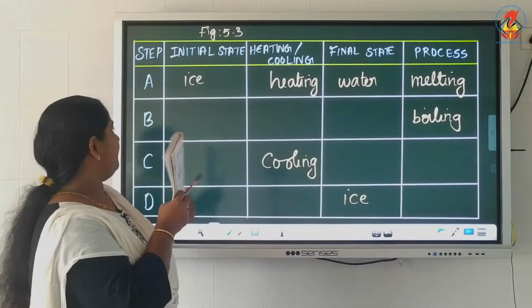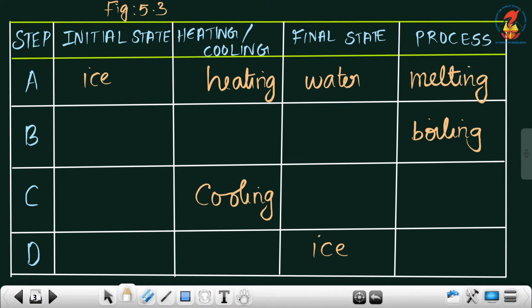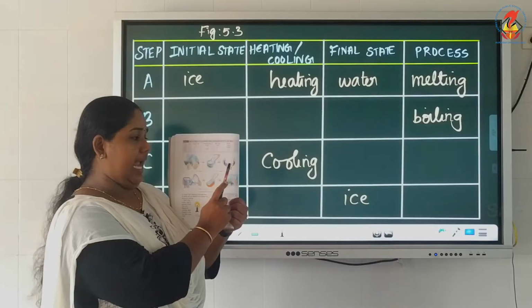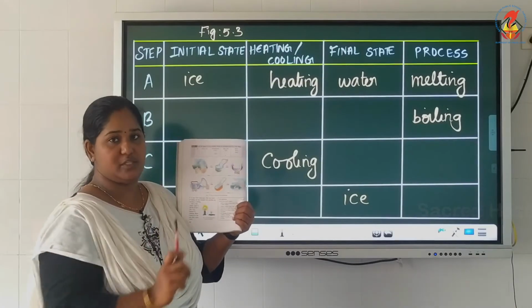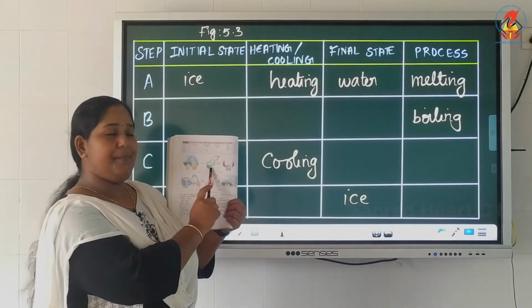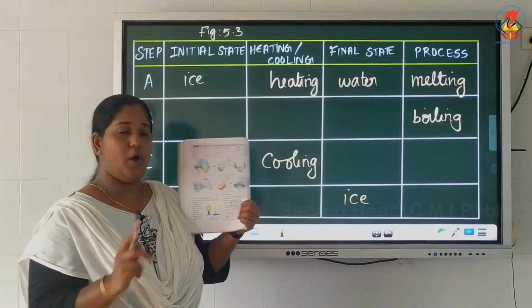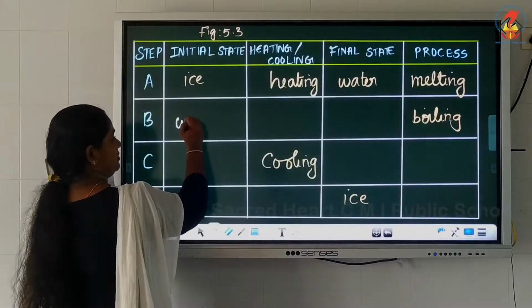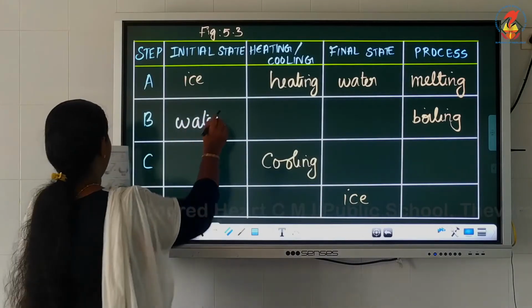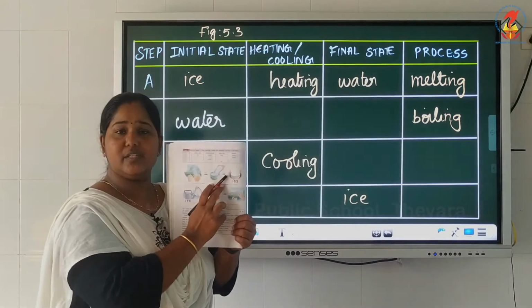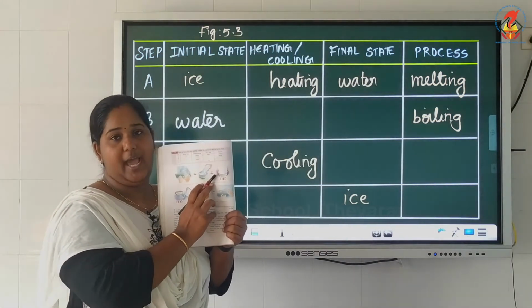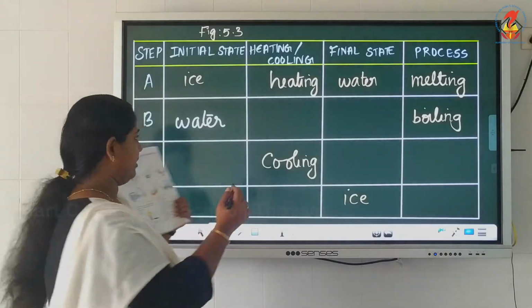Now, second step, step B. I am going to write step B here. Step B, you have second and third pictures together. Second picture is what? Water. So, initial state is water. And what has happened to water? It is written heat on top of the arrow mark. So, they have heated it.